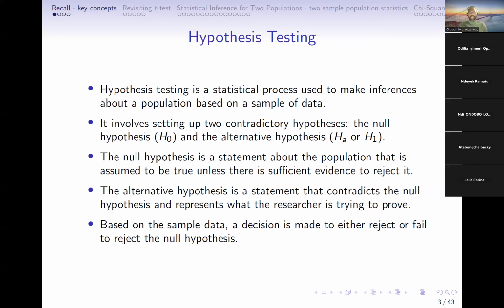If the evidence sufficiently supports one, then we can either accept or reject the null hypothesis based on the evidence. And of course, we're making a decision when we do that.